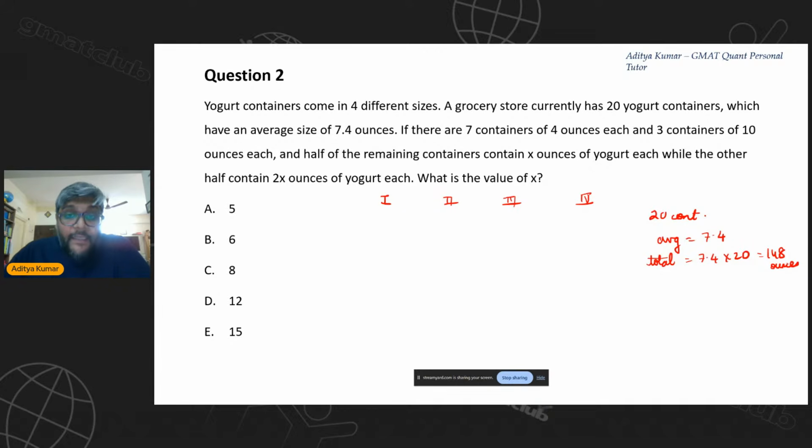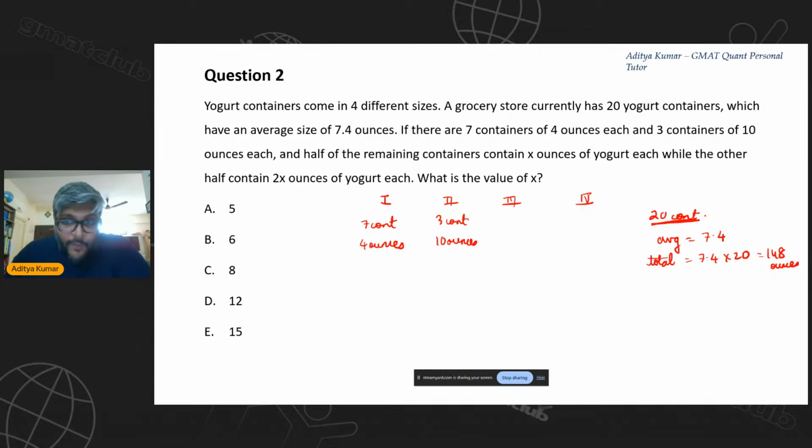Now, if there are 7 containers of 4 ounces each, 3 containers of 10 ounces each, so I'll write 7 containers of 4 ounces, 3 containers of 10 ounces, and half of the remaining containers contain X ounces of yogurt. So 7 containers and 3 containers make it 10 containers.